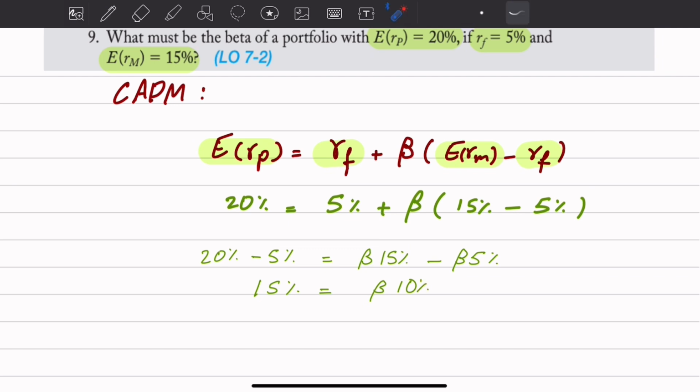Now, because we are trying to find what beta is, we want to set it free. We want nothing to be next to beta, right? So how can I achieve this knowing what I know so far? I can divide both sides by the coefficient of beta, right? So I'll divide this side by 10% and the other side of the equation as well by 10%.